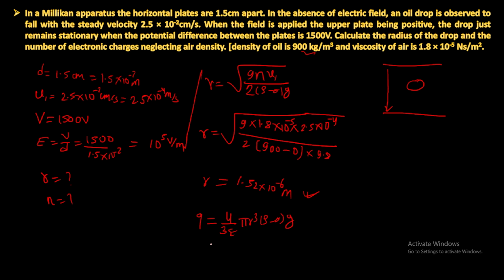This is the formula to find the total charge. Let's use the values of all the parameters given: 4 by 3 into E, that is 10 to the power 5, pi, r which we already found, 1.52 into 10 to the power minus 6 cubed, into 900 minus 0, into 9.8.